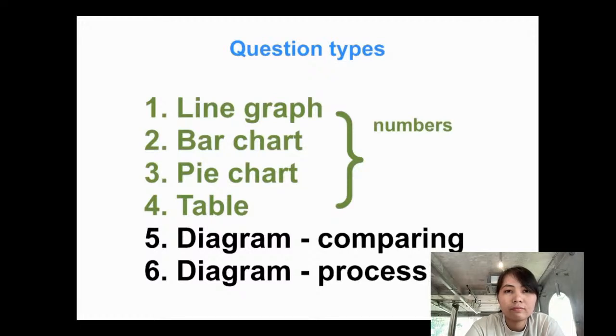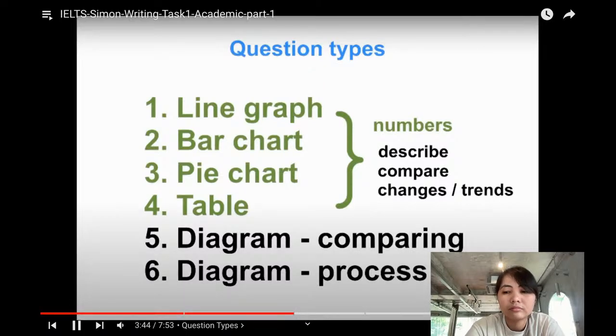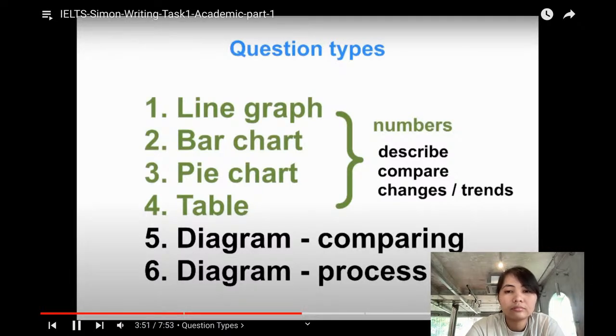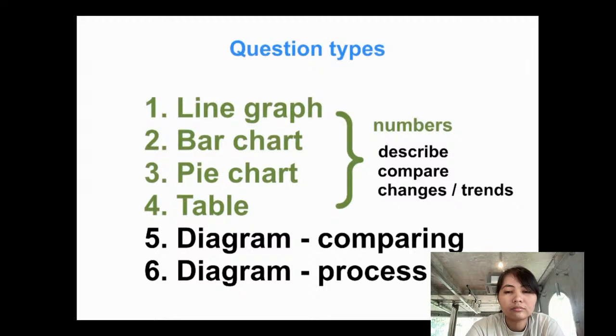You might have to describe one number, or for more than one number, you might have to compare. So you need some comparing language. You need to know how to compare numbers in a sentence. And the final thing with numbers is to be able to describe changes or trends. That's where you use your increase, decrease language. Those are the only 3 things in terms of language that we need to really worry about. Describing numbers, comparing more than one number, and describing these changes and trends.